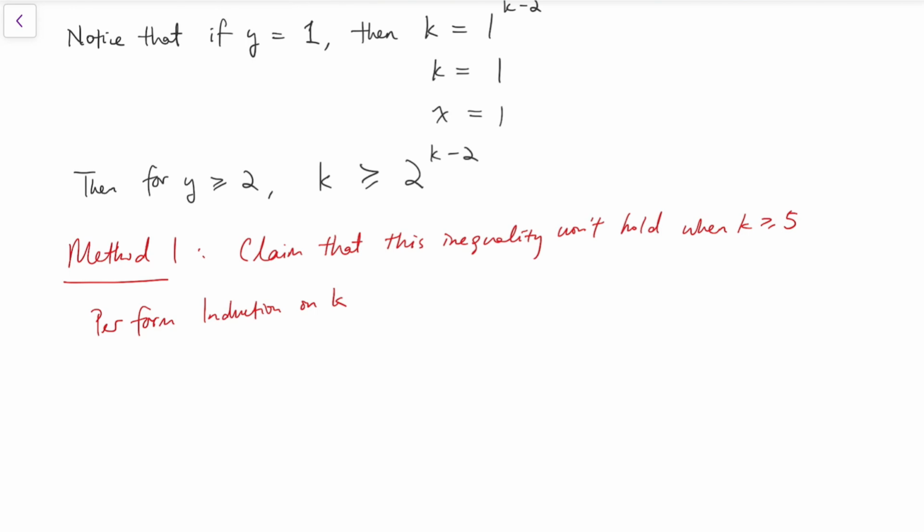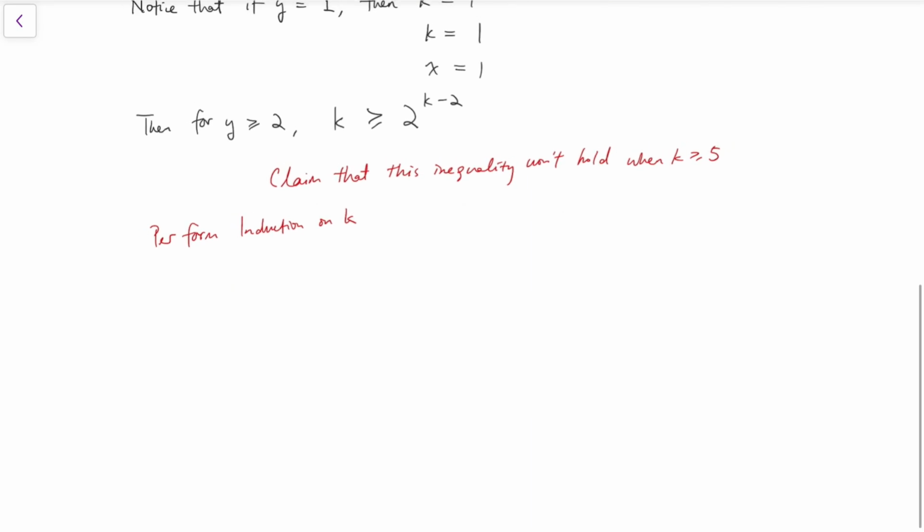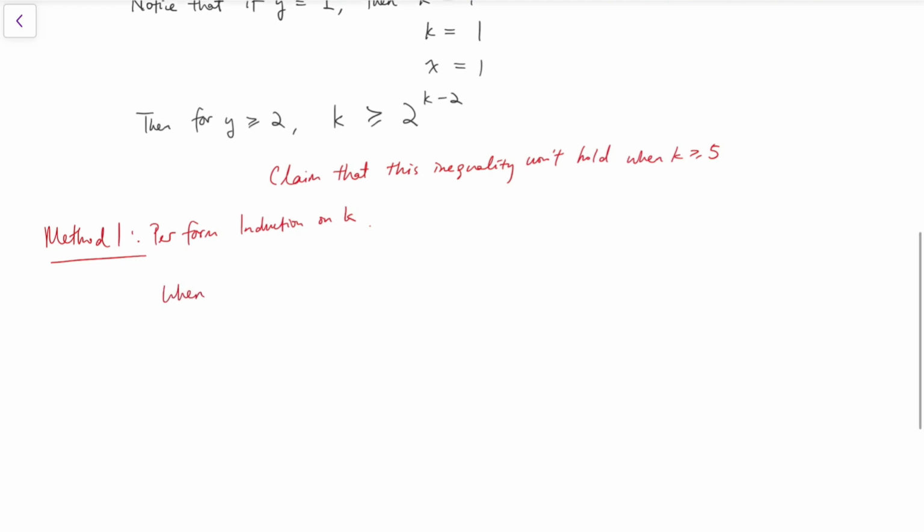Maybe I should move this so-called word "method" to the next line to avoid confusion. So the base case is when k is 5: 2 to the power k minus 2 equals 8 and is larger than 5.